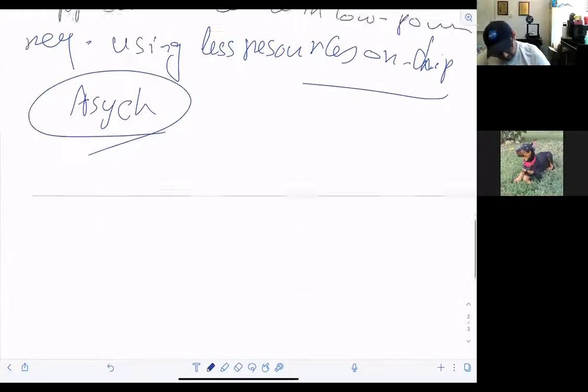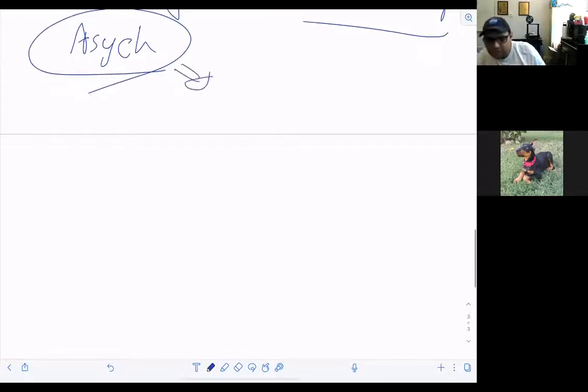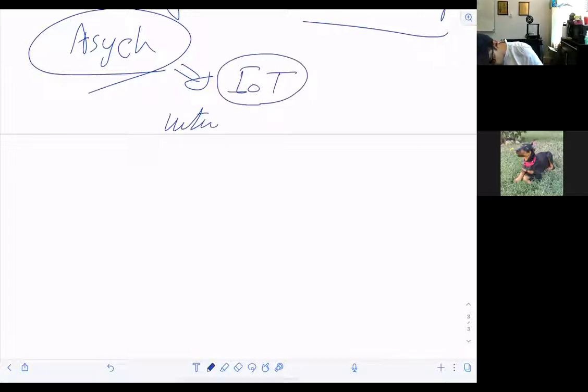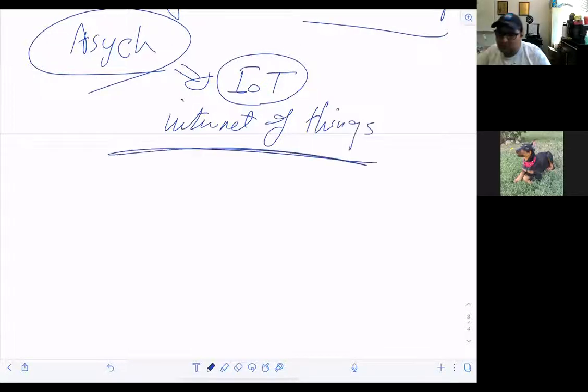Okay. Of course, who is our lovely candidate for this? IoT, Internet of Things. Sounds good. What is an example of Internet of Things? My watch. iWatch. Fitbit.